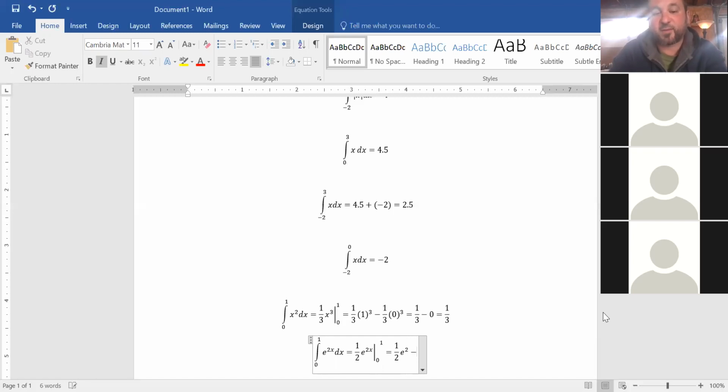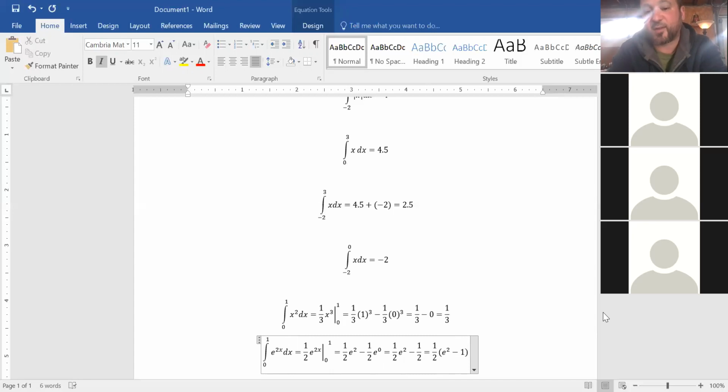And then minus, you plug the 0 in, 1/2 e to the 2 times 0, which is 0 power. And that's equal to 1/2 e squared. e to the 0 is 1, so minus 1/2. Factor out that 1/2, make it look real nice. 1/2 times e squared minus 1. So that's the area underneath that curve.